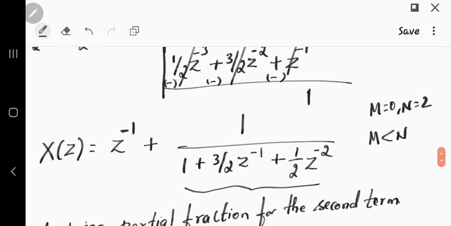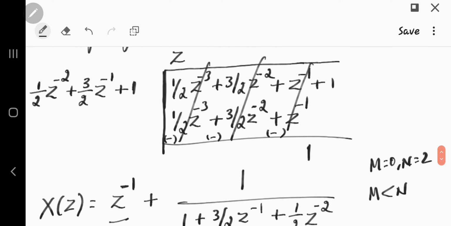So we can apply partial fraction for the second term, but don't forget the quotient here. The important thing is, while performing the long division method, you have to be careful. You have to write this in decreasing order of power. That means z to the power of -2, -1 and 0.